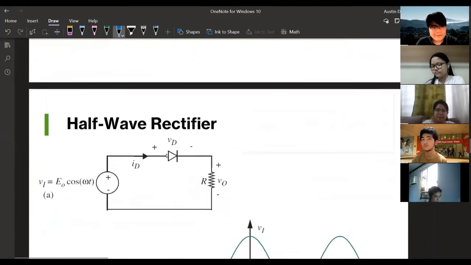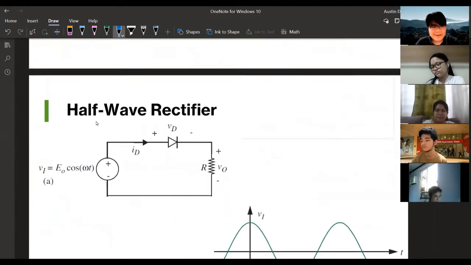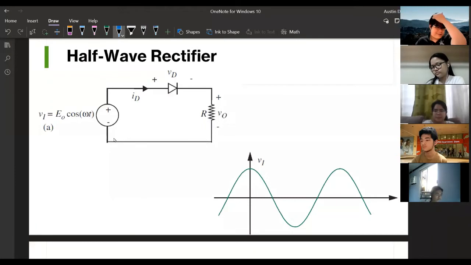Let's try the half-wave rectifier. Ang source natin ngayon is a cosine wave. Cosine wave siya. So yung mga values ng potential mo would be from negative E0 to E0. Okay? Kasi yung values ng cosine mo, di ba, negative 1 to 1.